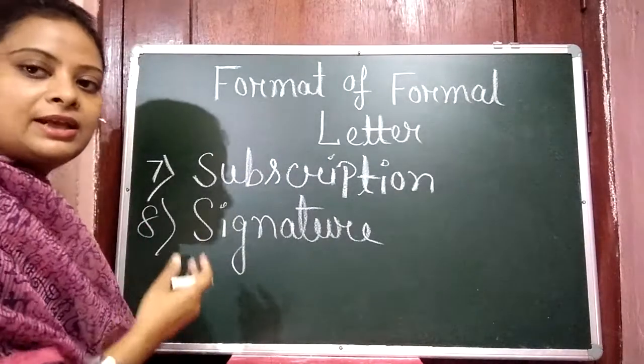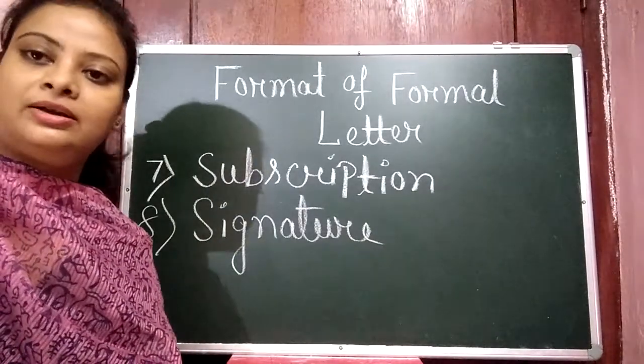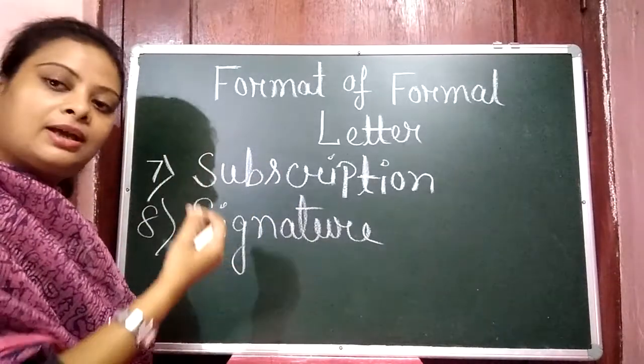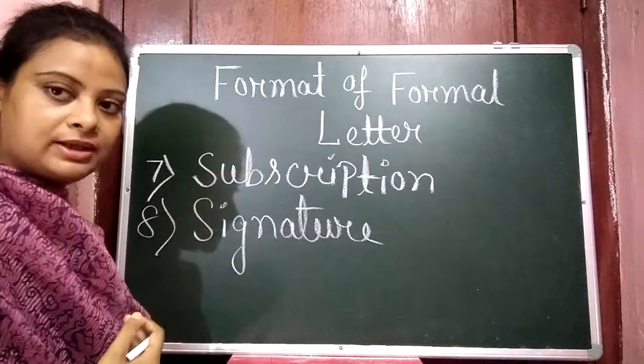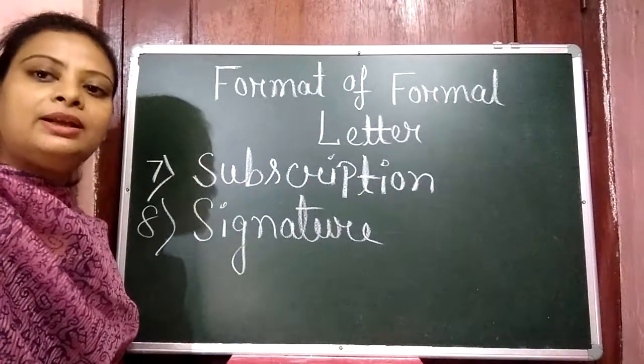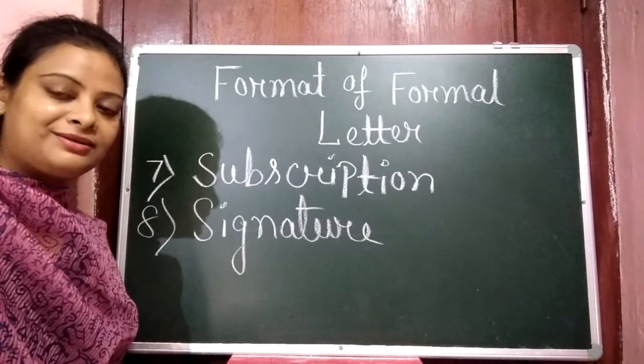So these are the 8 parts, the 8 points you have to make sure of whenever you are writing a formal letter. You have to make sure about that. Okay? So in that way you can write a formal letter. First one, sender's address, then date, then you have to remember.